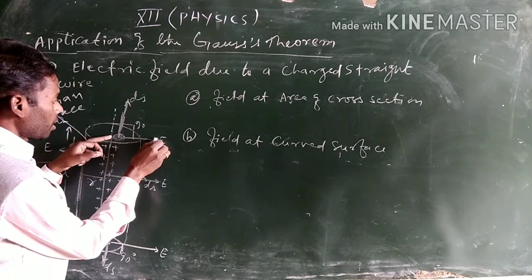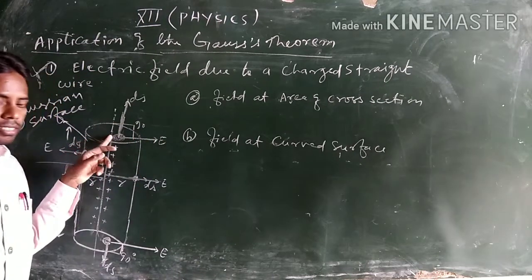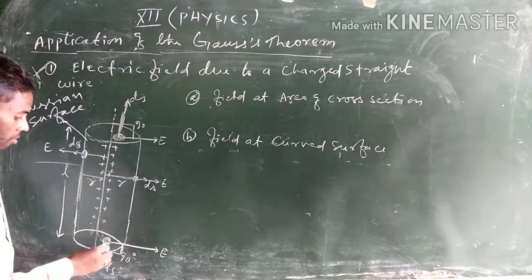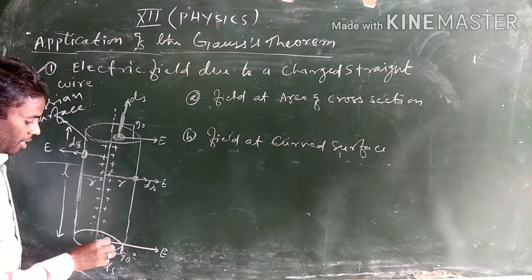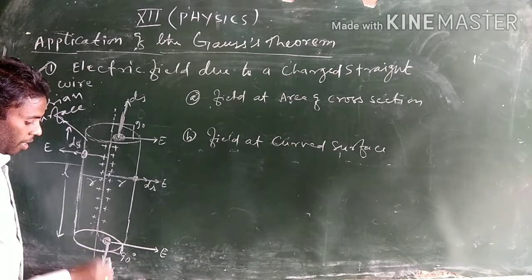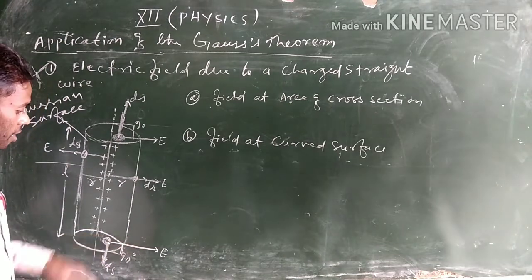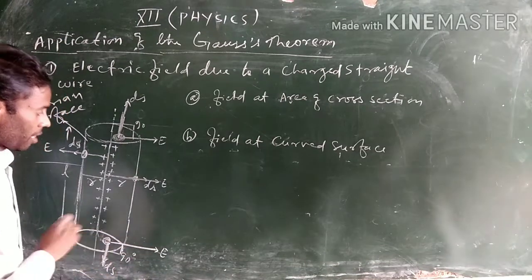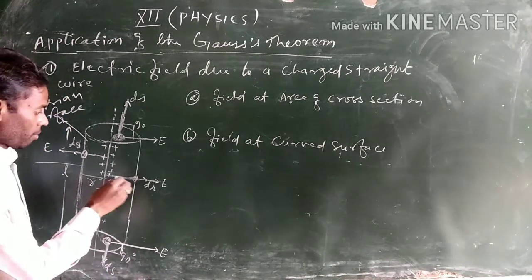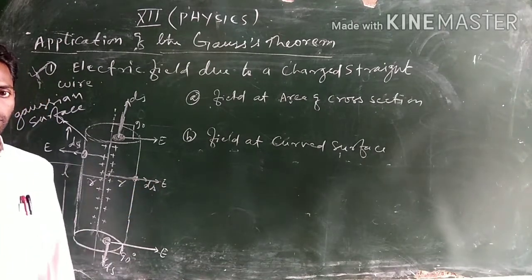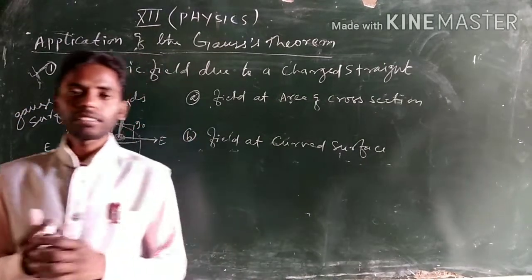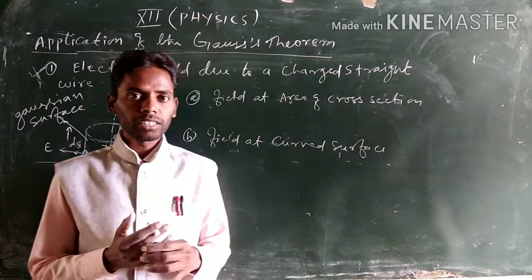Then the electric field lines make 90 degrees, right? Same thing this side also, the direction of the area, that is ds, and the electric field lines this side make 90 degrees, and this side make 0 degrees, right? Electric flux, I have already told about this one.